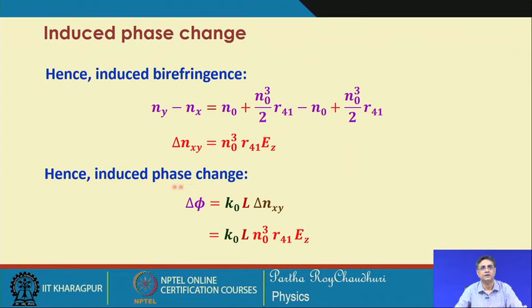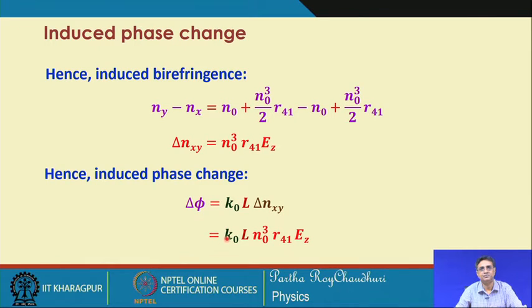The induced phase change in this case, you will have to multiply with k 0 and the length of the crystal. So, this will be the induced change in the phase between the two orthogonally polarized lights in the new principal axis system.